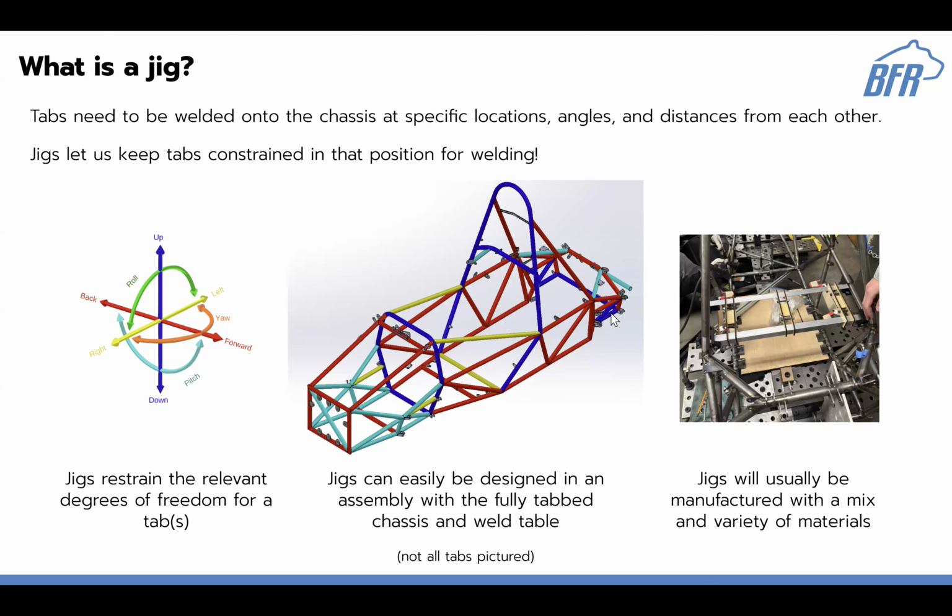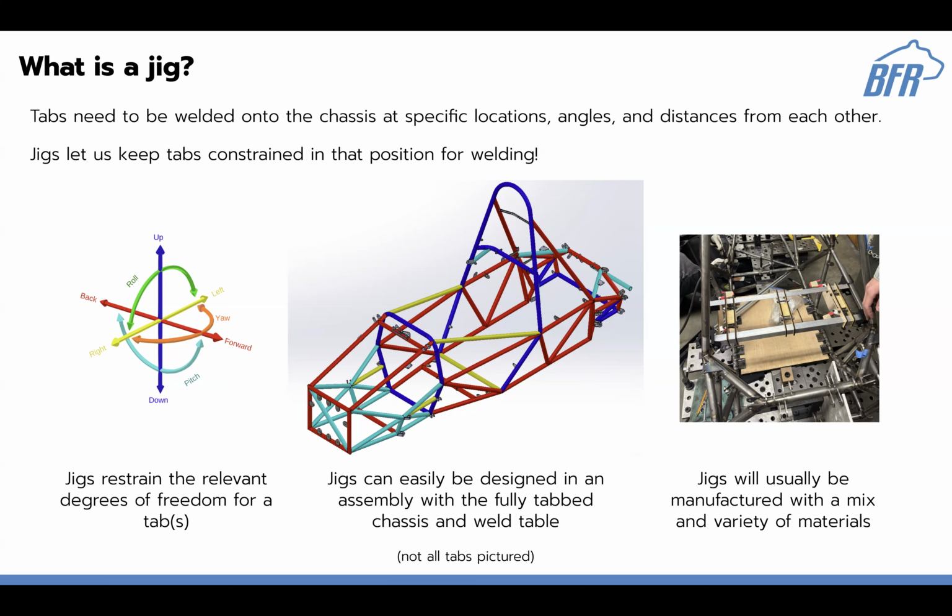Getting started, what is a jig? Whenever we refer to jigs, it can mean a lot of different things. It's mostly some sort of tooling that helps you station different parts in a certain orientation. For manufacturing, you might have fixtures you call jigs for when you're CNCing something, where you want to hold it in a specific orientation while you're cutting it.